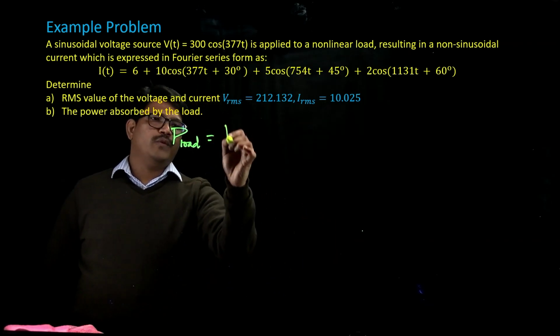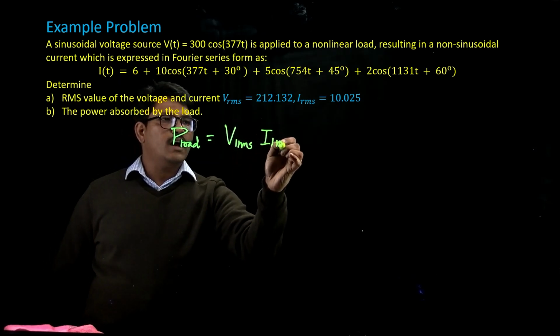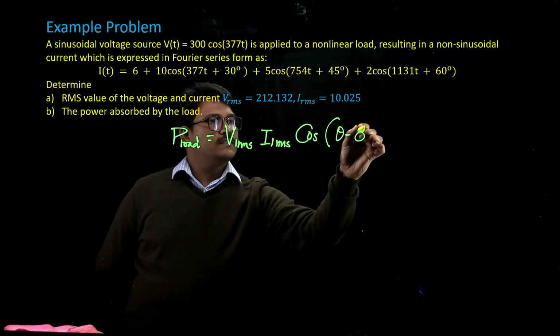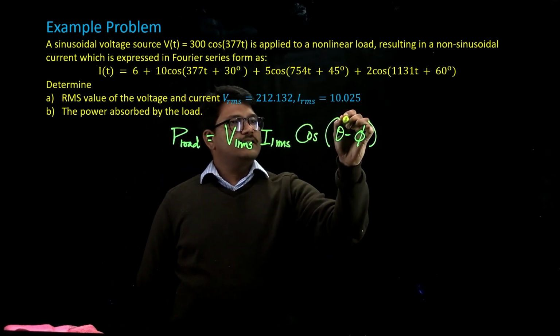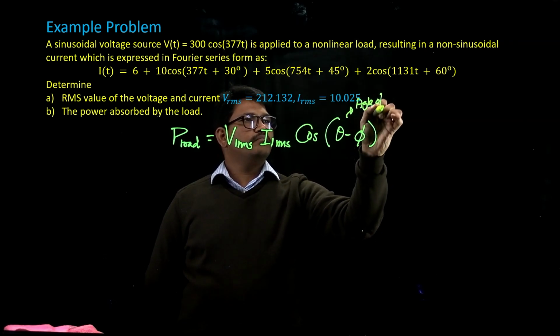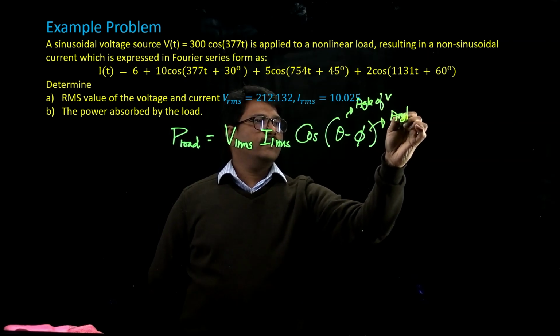That is V1 RMS, I1 RMS, and cos of theta minus phi, where theta is the angle of voltage and phi is the angle of current.